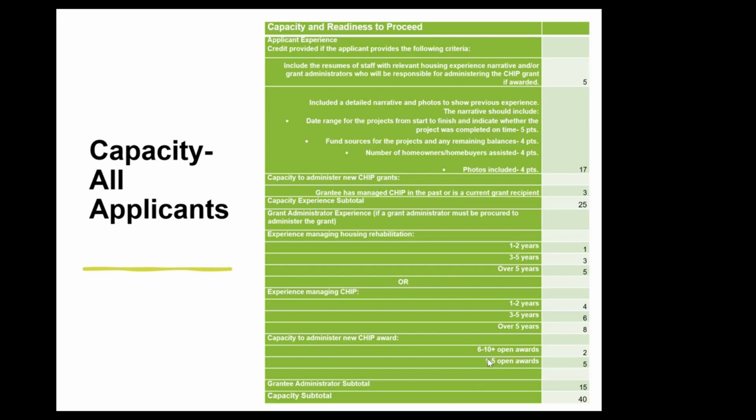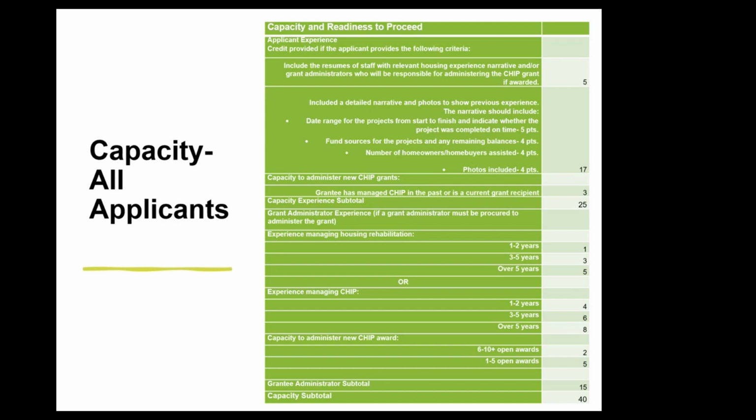Is open awards supposed to be current CHIP awards that we have? Or if this was an external organization, like a private grant administrator, they may have 1 to 5 open awards with you because they're managing multiple cities, and they would get points for that? Is that what it means?